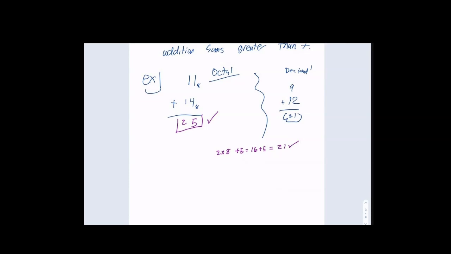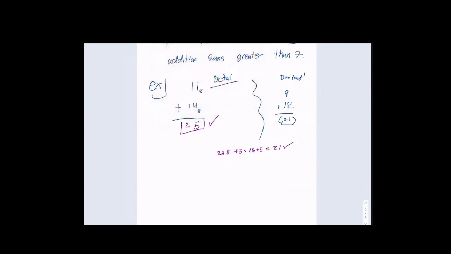But I'm not going to ask you to convert or to show the decimal additions. I just want you to add the numbers in octal and leave your answer in octal. You're not going to have to convert at all. We're just going to leave it in octal.